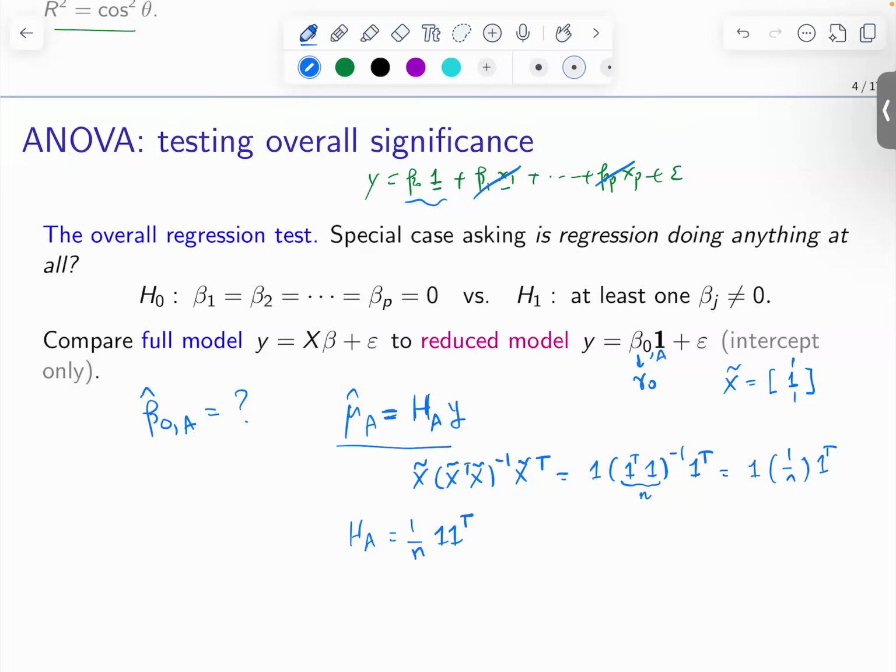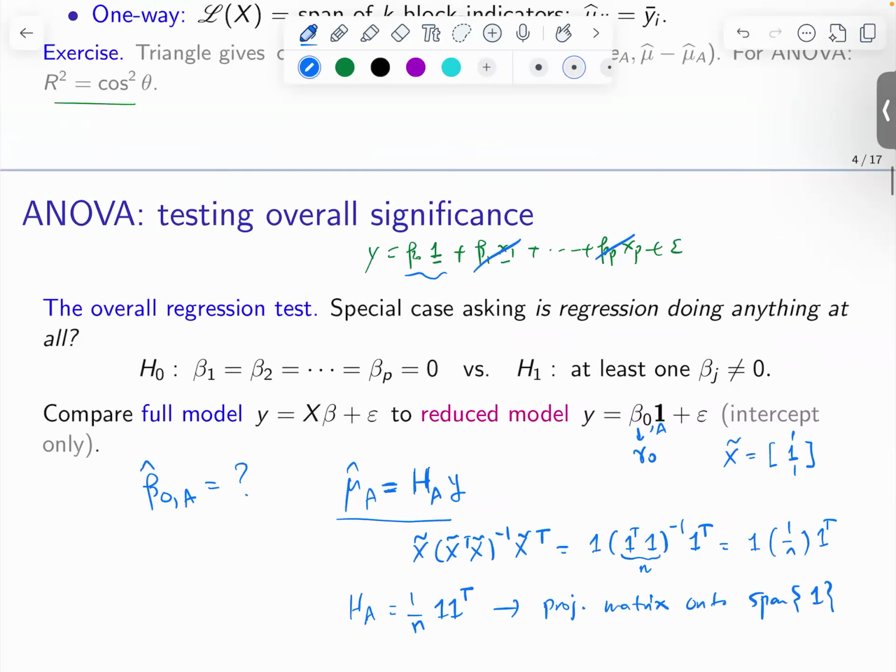This is the projection matrix onto the span of 1. In general, if you have just a vector, it's good to remember: the projection onto the span of v, if v is a vector, if you do the same thing, you would get 1 over the norm of v squared times v v transpose.